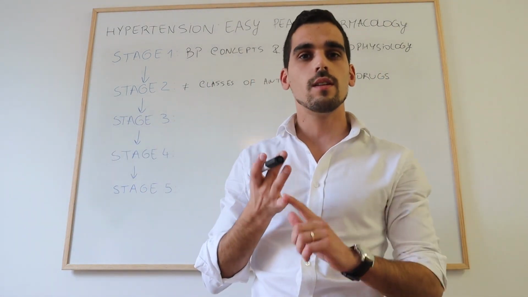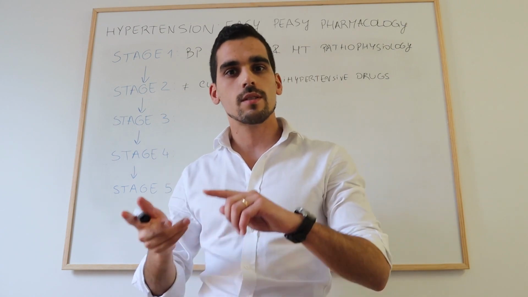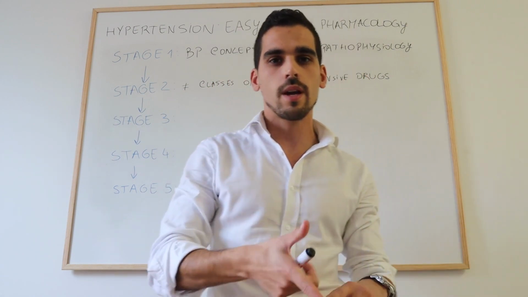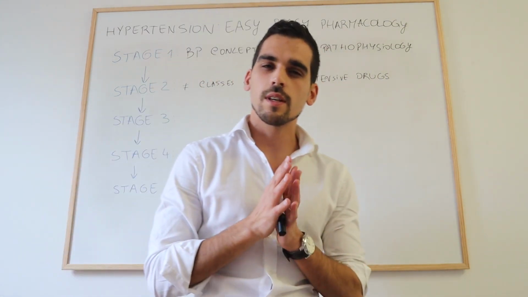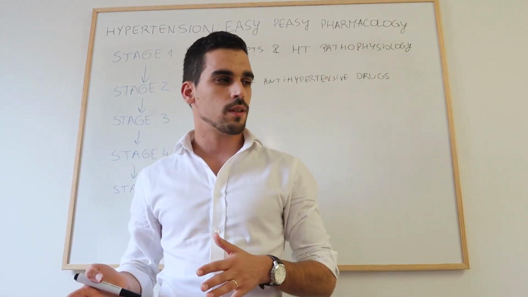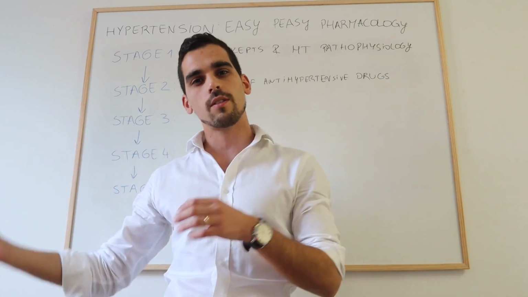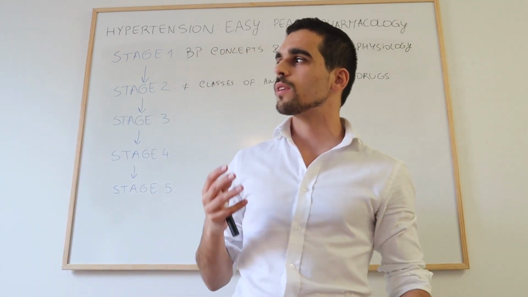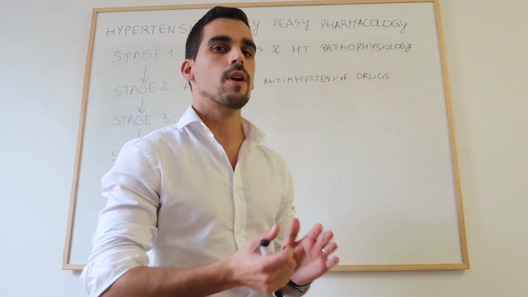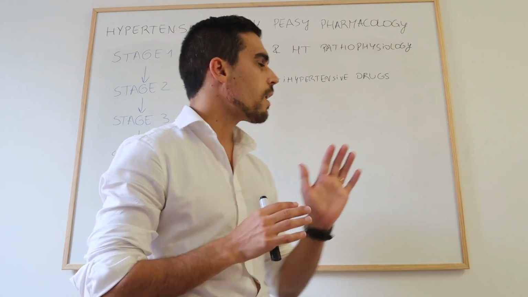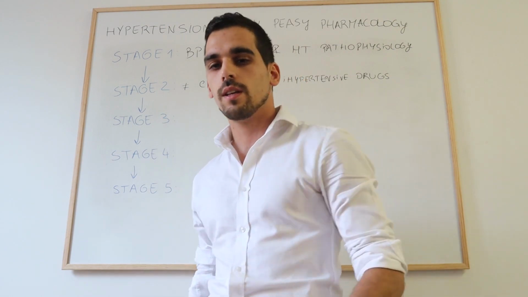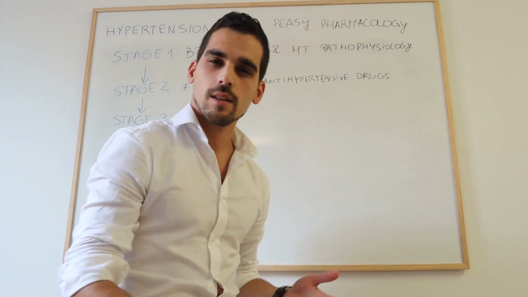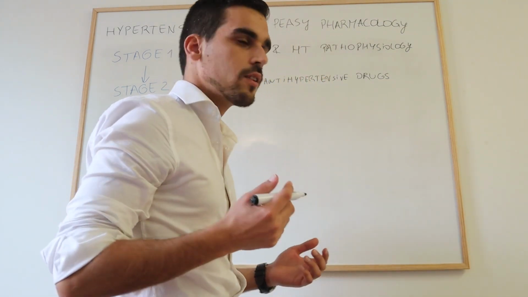We've got ACE inhibitors, ARBs, calcium channel blockers, diuretics, beta blockers, and so on. So we'll first understand what are the main differences between them, what are the mechanisms of action for each class, what are the side effects, cautions to have with each drug. And after understanding these concepts, then we can move into understanding what are the clinical guidelines for the hypertension treatment.